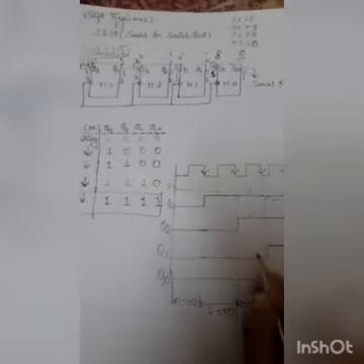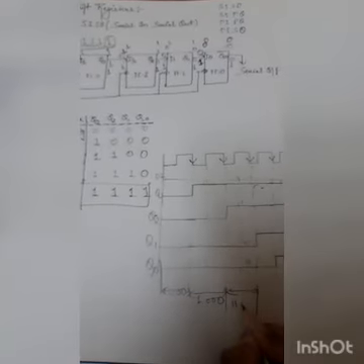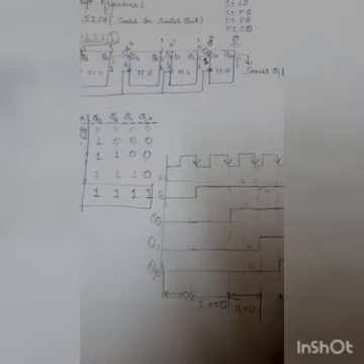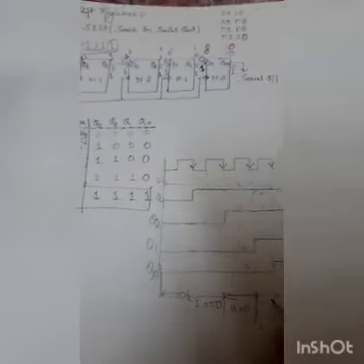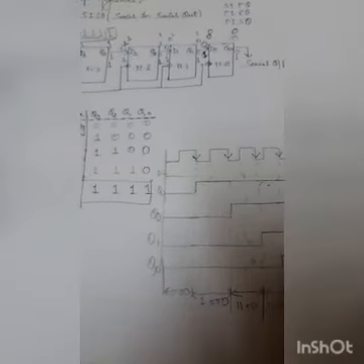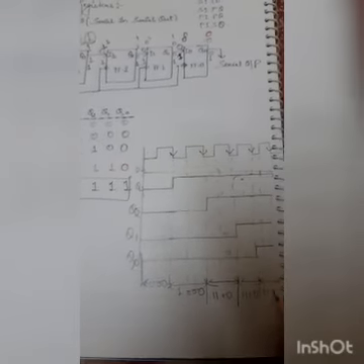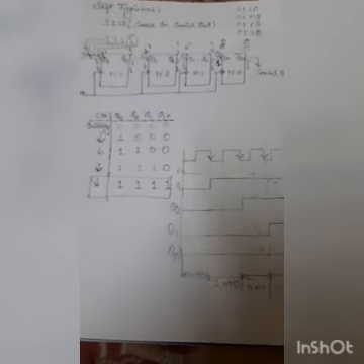Then for the next one, 1, 1, 1, 0. And again 1, 1, 1, 1. So in this register we stored this. This is the shift register for serial in and serial out.